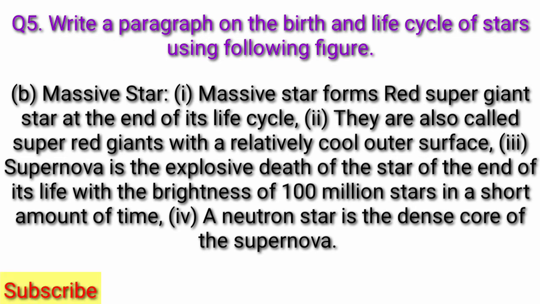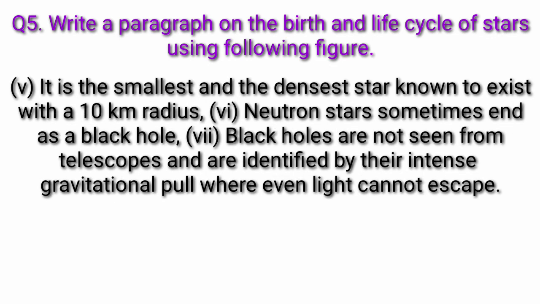A neutron star is the dense core of a supernova. It is the smallest and the densest star known to exist with a 10-kilometer radius. Neutron stars sometimes end as a black hole. Black holes are not seen through telescopes and are identified by their intense gravitational pull where even light cannot escape.